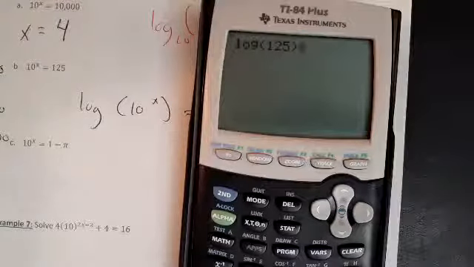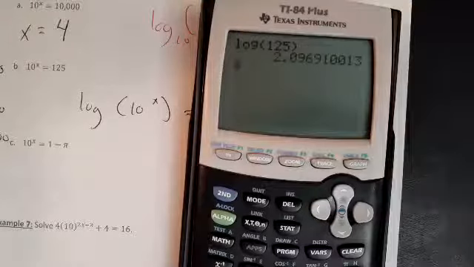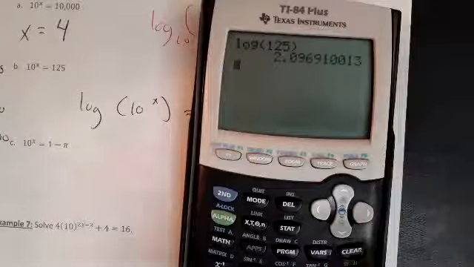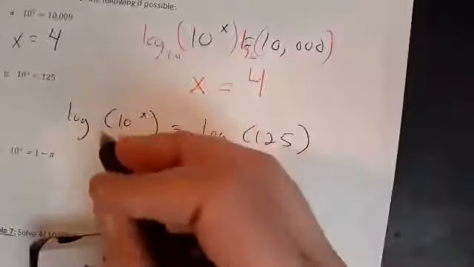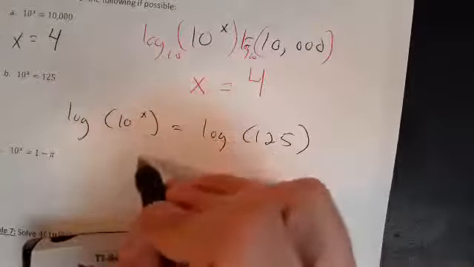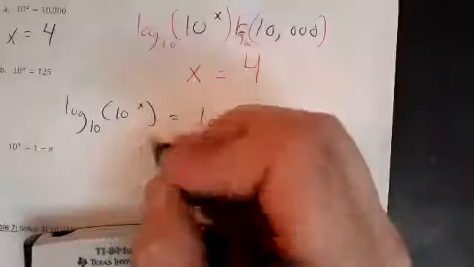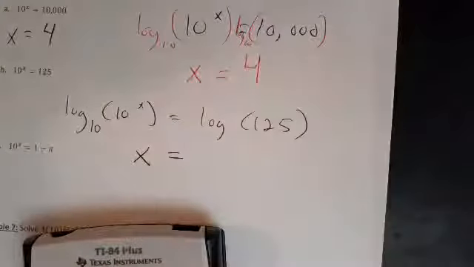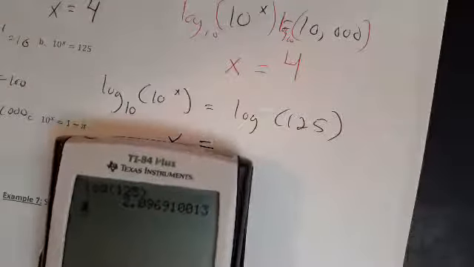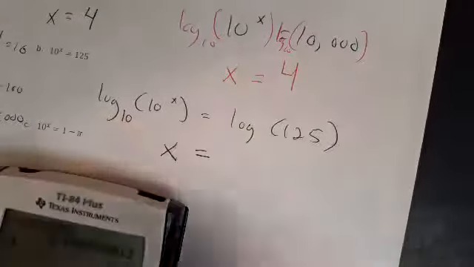So log of 125 is going to give me this number. And so this left side, this is my identity over here. If I wanted to write a log base 10, that's fine. That's giving me an x. This is giving me this crazy number over here, 2.0969, somewhere around there.